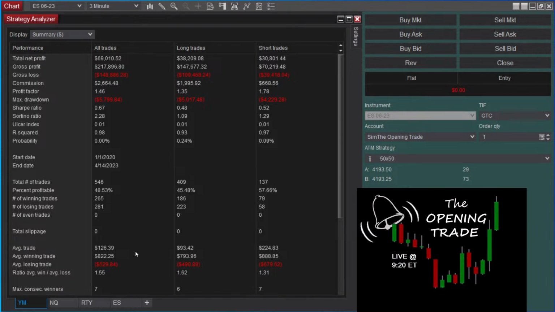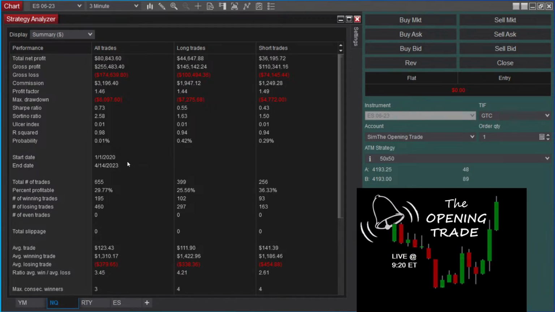2 minutes after the Dow, as long as the automated trade indicators have been met, we will see the Russell fire off. And here is the start and end date there, max drawdown, the gross loss, and the total net profit. 2 minutes after the Russell, as long as each automated trade indicator has been met, we can see two trades fire off, NASDAQ and S&P 500.